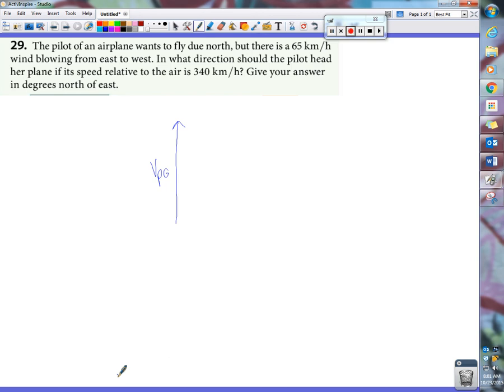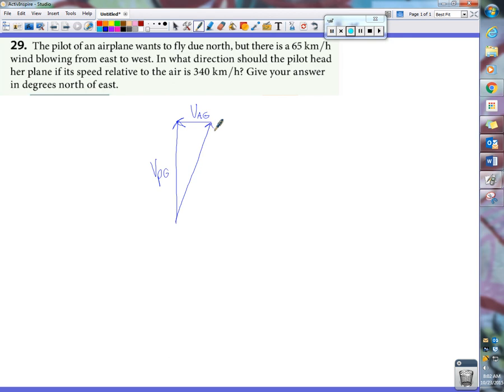Okay, so there is a wind that is going due west at 65 kilometers per hour. So this is the speed of the air relative to the ground, VAG. Then over here is another vector. That's the vector that we want to find, even though we kind of know what it is.